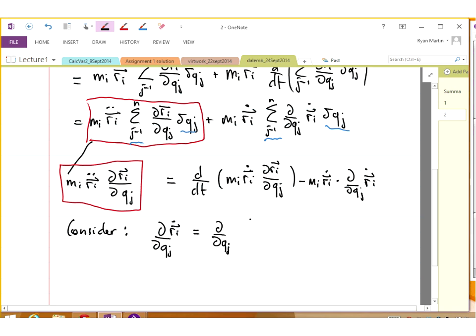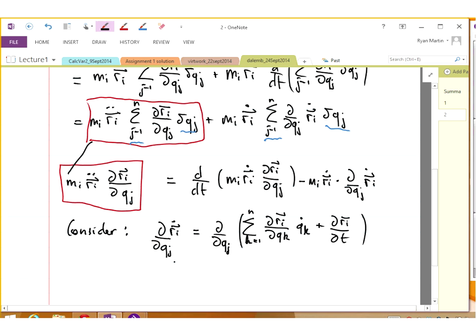If I write now ri dot, that's the same as the sum, it's mathematically not correct, it should be a k, the sum of k equals 1 to little n of partial ri by partial qk dot, plus the, sorry, it has to be a partial derivative, partial ri by partial t.